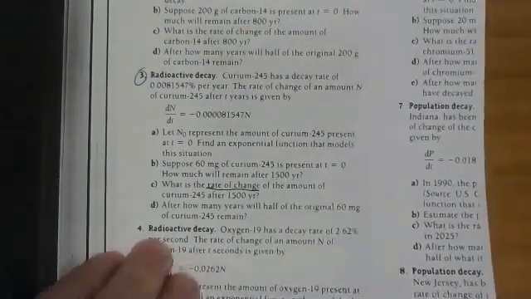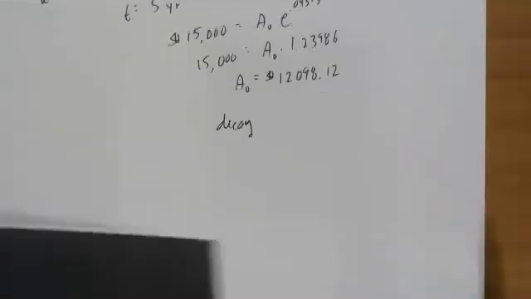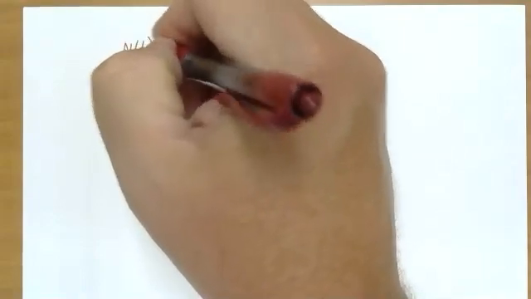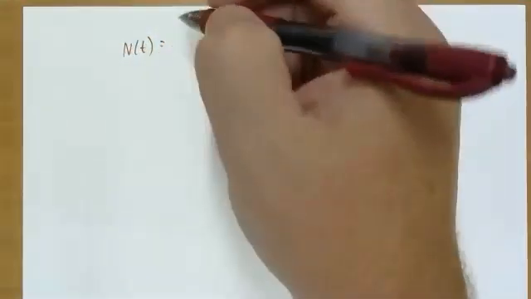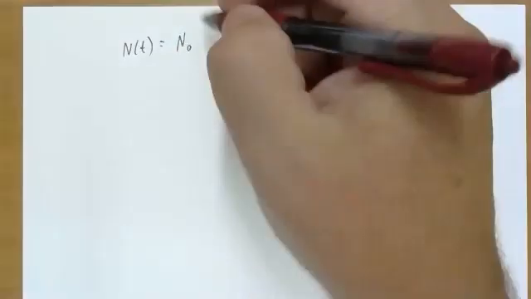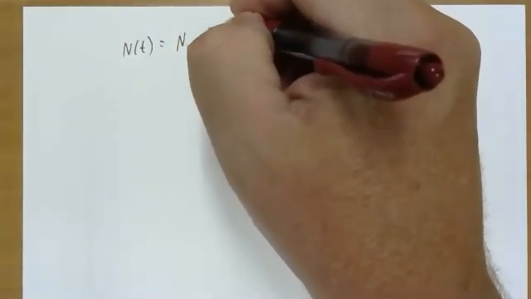So let's go ahead and try and write out the function then. So N is going to be our function. N of t equals, now they said just for now, call your initial value N naught. They're not giving us a number, so I'm going to leave it N naught. But then I'm going to put in this K, which is negative 0.0.